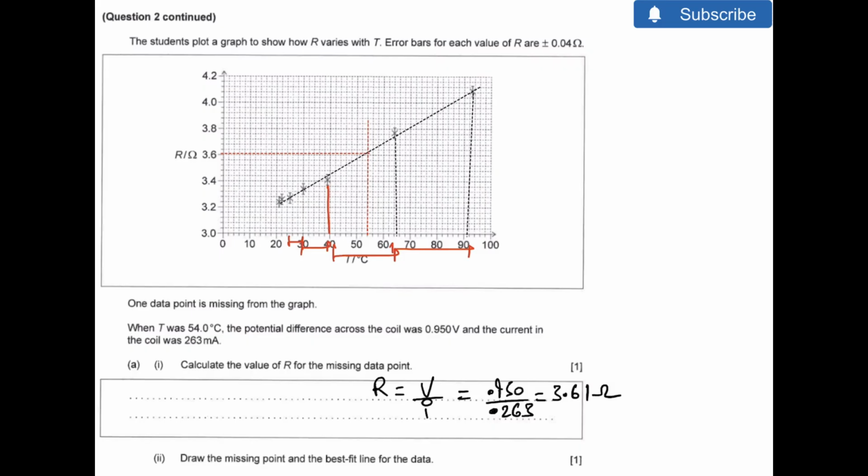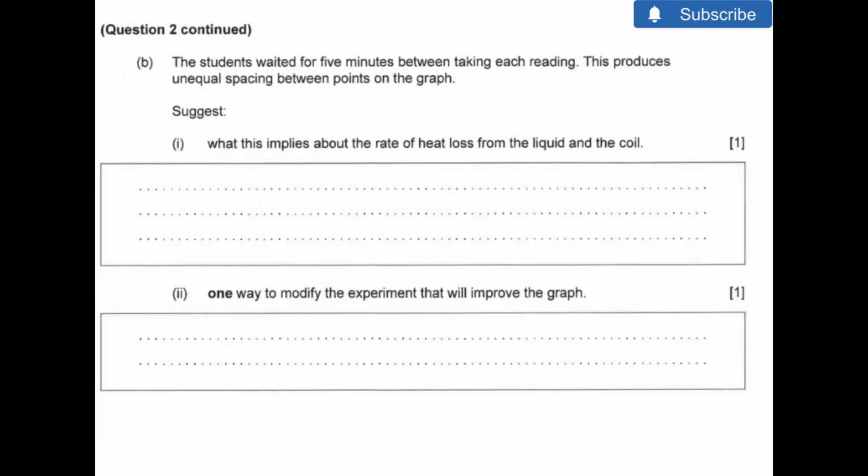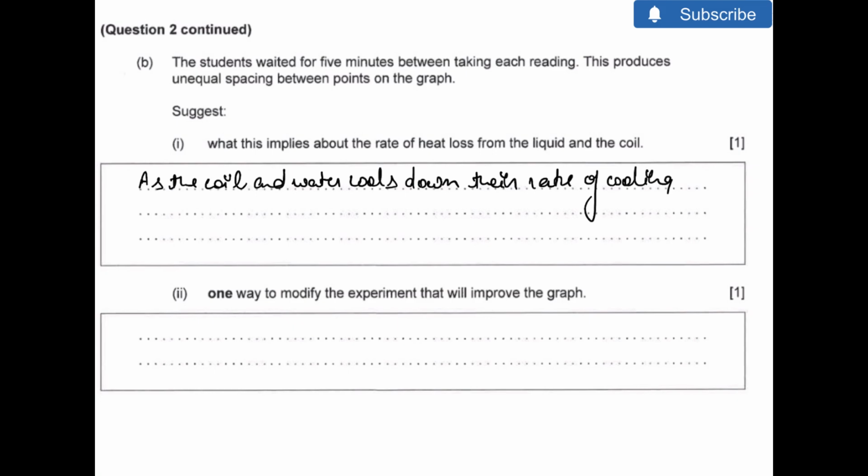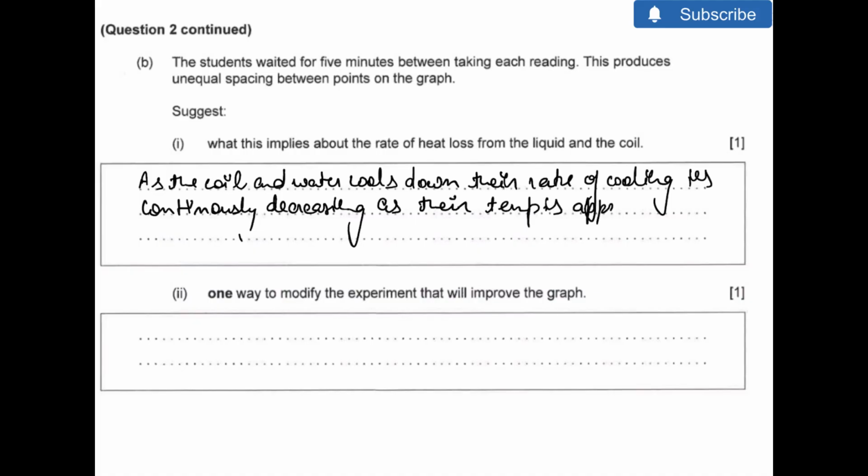So we can say that as the coil and water cool down, their rate of cooling is continuously decreasing as their temperature is approaching the room temperature, which is the temperature of the laboratory, or I can say the lab temperature.